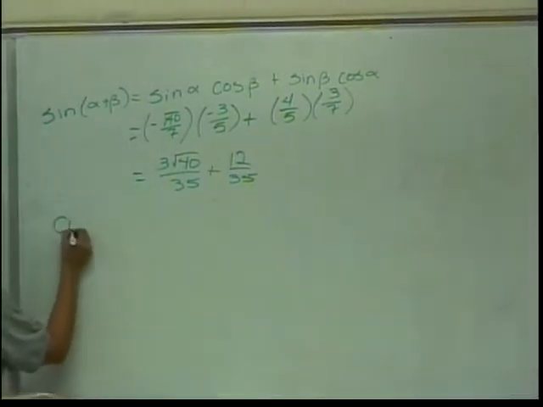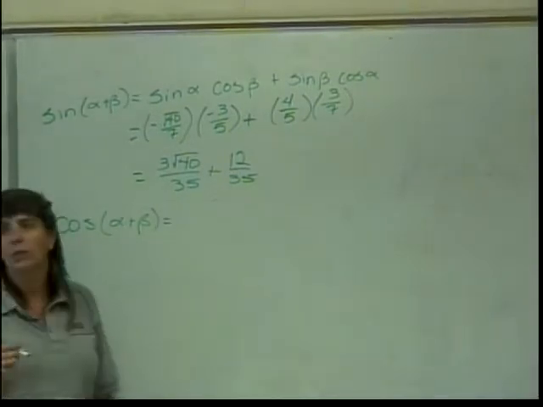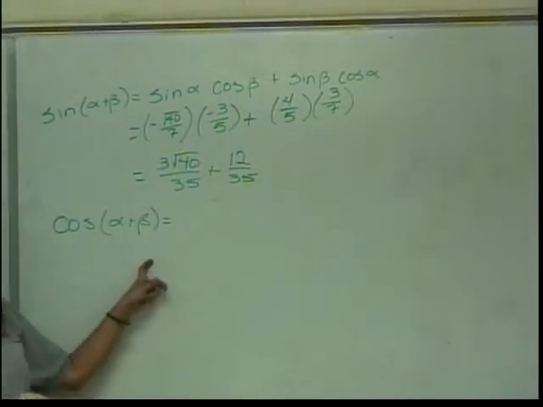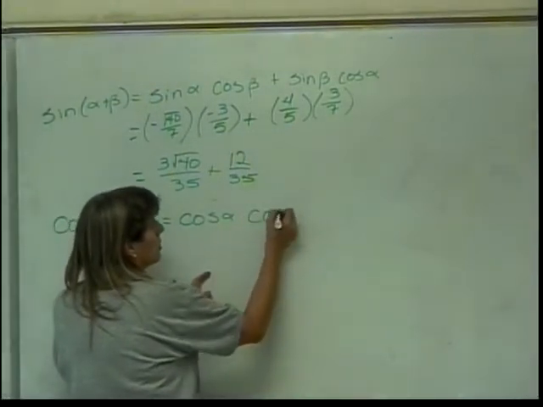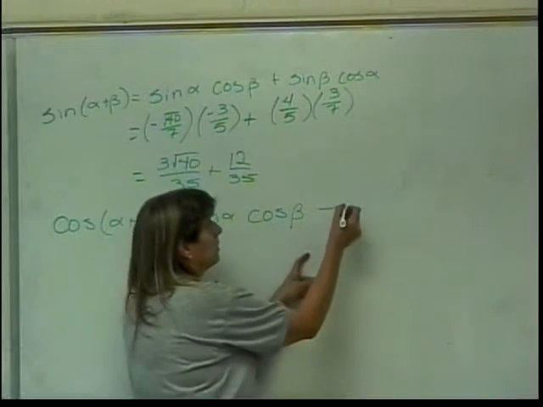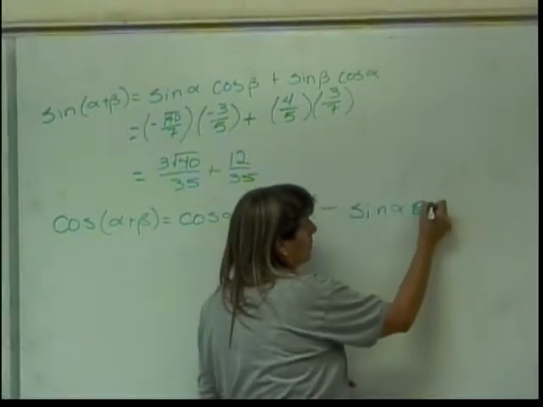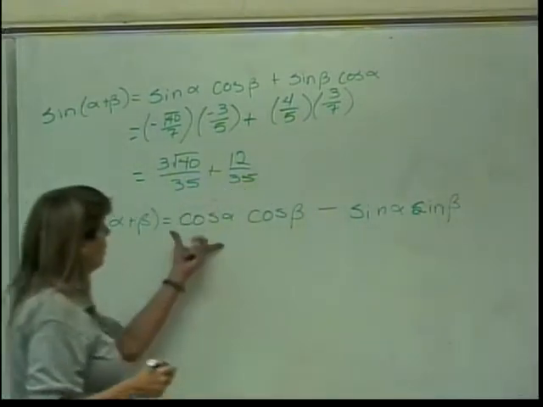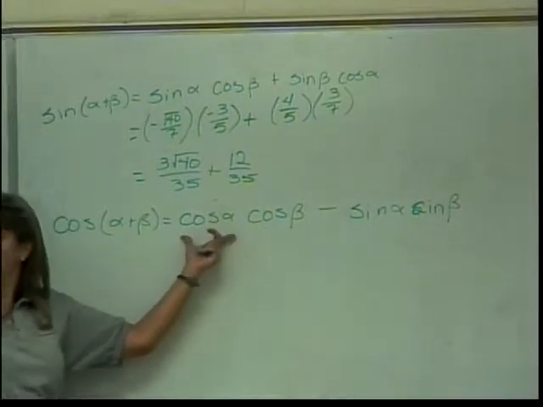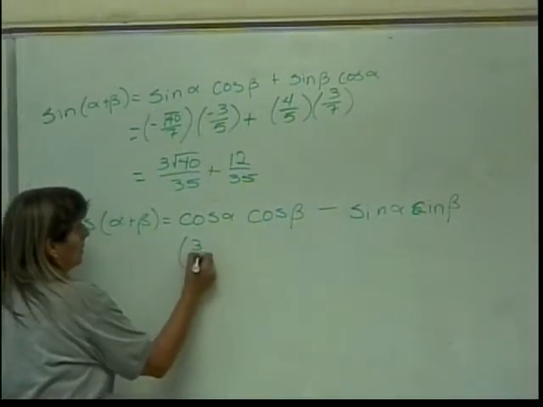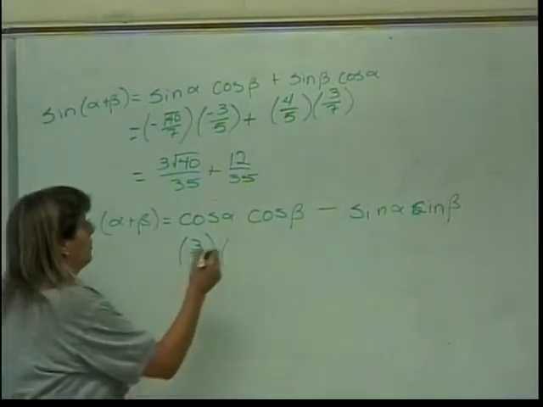What about the cosine of alpha plus beta? Well, what does the formula say? Cosine of alpha times the cosine of beta minus sine of alpha times the sine of beta. I replaced the cosine of alpha with its value, 3/7. The cosine of beta was -3/5.